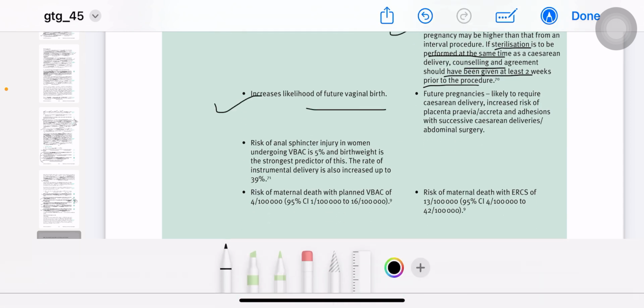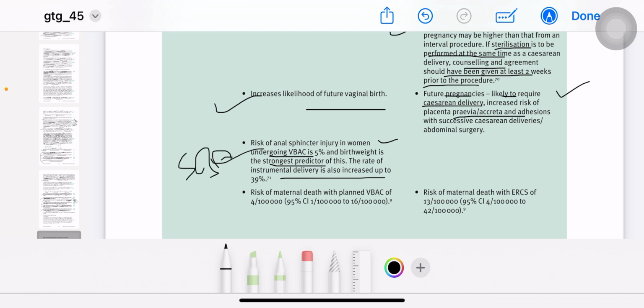Increased risk of future pregnancy requiring cesarean section, because one previous cesarean section is already done; if two are done, there is future risk of further cesarean delivery, placenta previa, accreta, adhesion. Anal sphincter injury in women with VBAC is 5%, and birth weight is the strongest predictor of that. The rate of instrumental delivery increases.